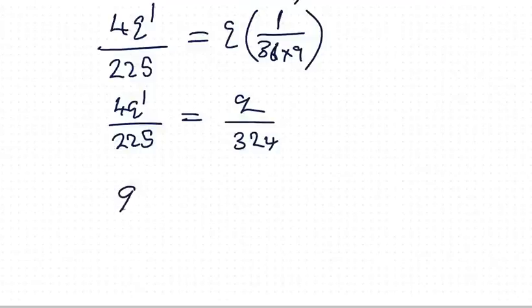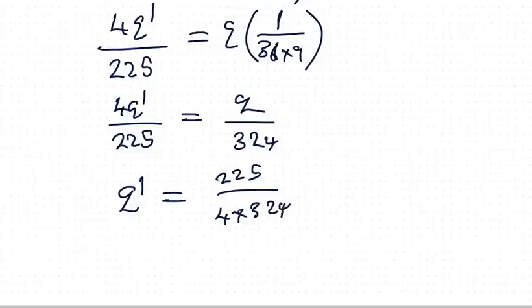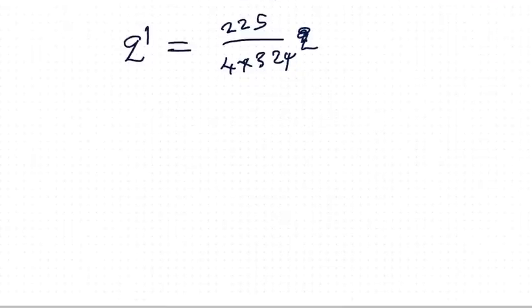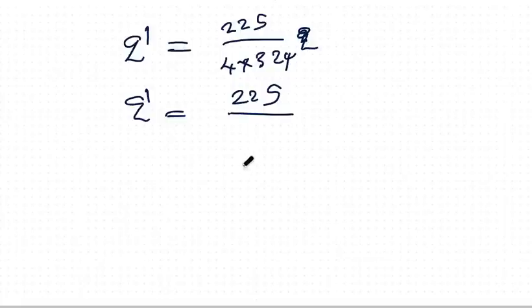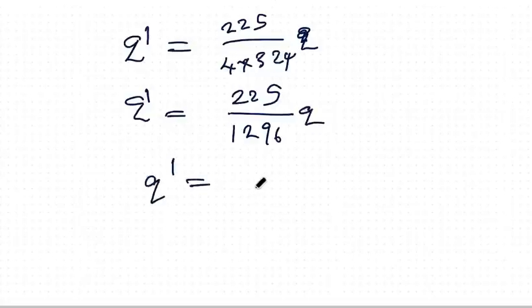Then I can say that q prime at this point is equal to 225 divided by 4 multiplied by 324 q, and this is equal to 225 divided by 1296 q, and if you divide this using your calculator, you'll be getting 0.1736 q. So, this is the final answer.